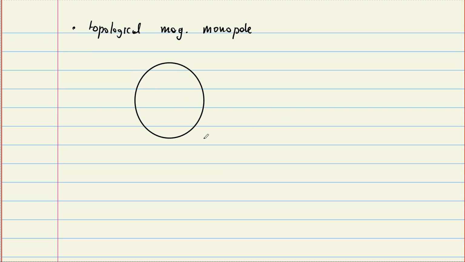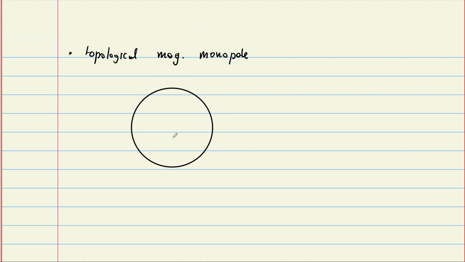We have a sphere in this parameter space. So here, suppose I have some path. It's not very important. There is some orientation. Suppose I choose this orientation, and there's the inside. So this is the inside.